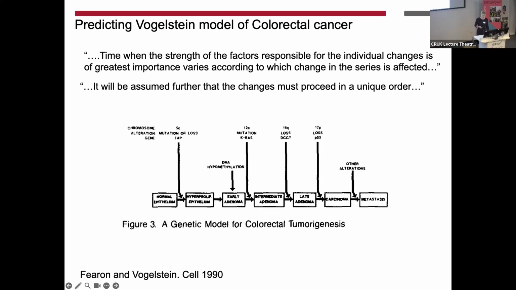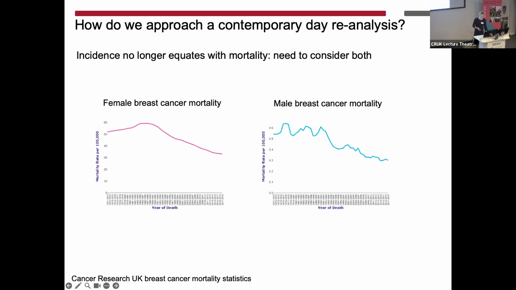So they really beautifully describe what we now know as the Vogelstein model of colorectal tumorigenesis, and it has been sort of shown to apply to many other cancer types, where you have a series of quite specific and distinct genetic changes that drive a series of pre-malignant and then overtly malignant changes. And I was fascinated that the wording they used summed up the Vogelstein model so beautifully.